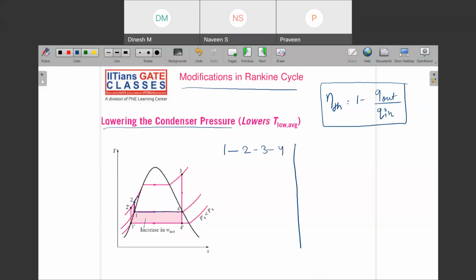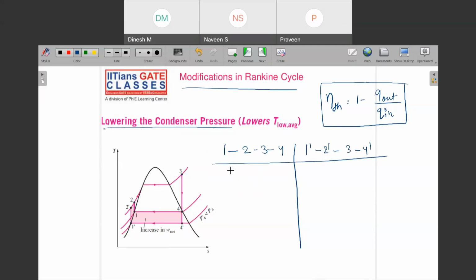So can you see this was the initial cycle, and if I have lowered the condenser pressure, then can I write this cycle as 1, 2 dash, 3 and 4 dash. So you can automatically find out what changes we can see when I compare 1, 2, 3, 4 and 1, 2 dash, 3 and 4 dash.